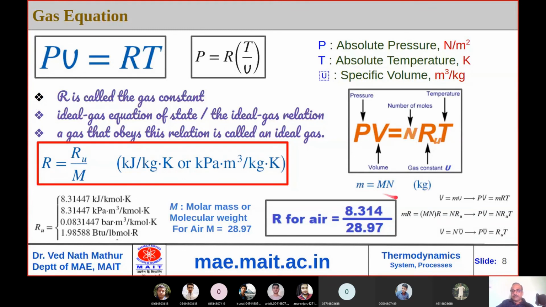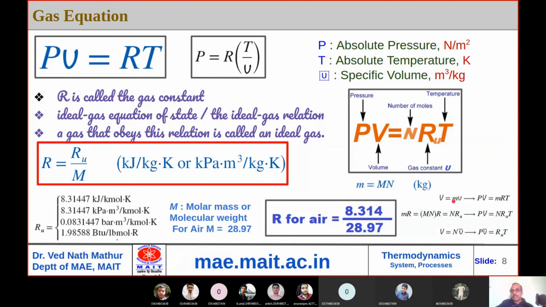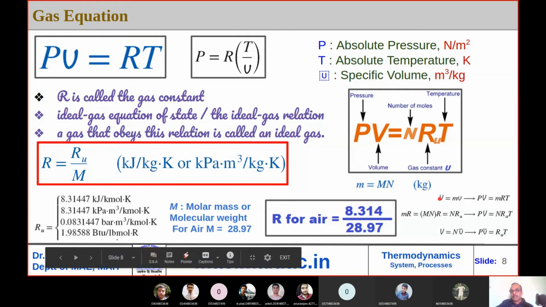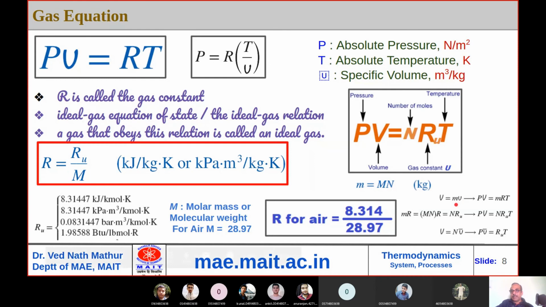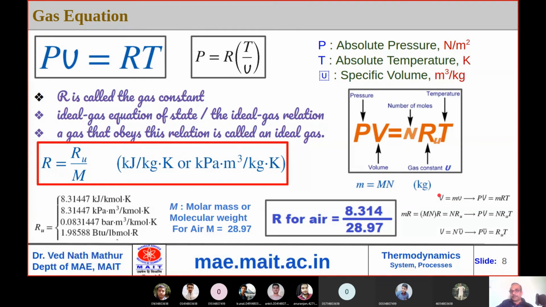So capital V is equal to m into small v, where capital V is the volume in meter cube, small v is the specific volume in meter cube per kg. So meter cube per kg multiplied by kg will give you total meter cube. So capital V is equal to m into v.